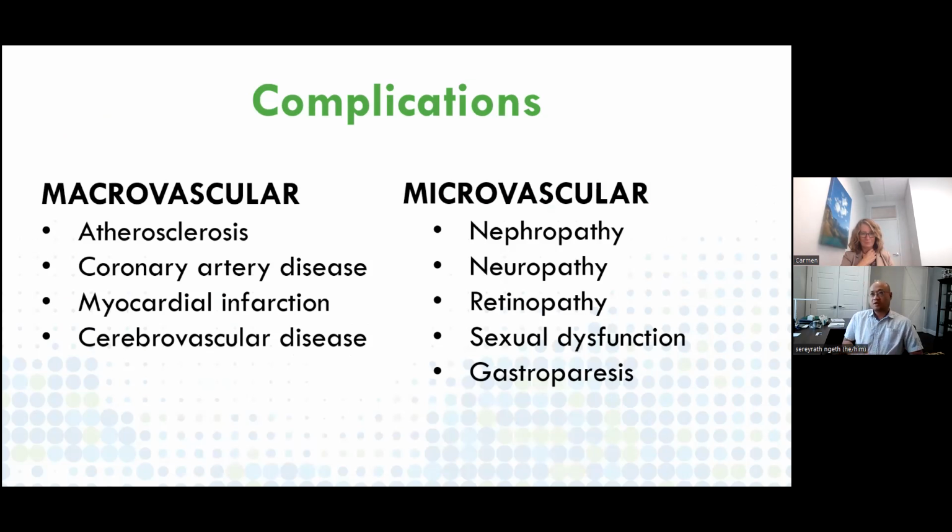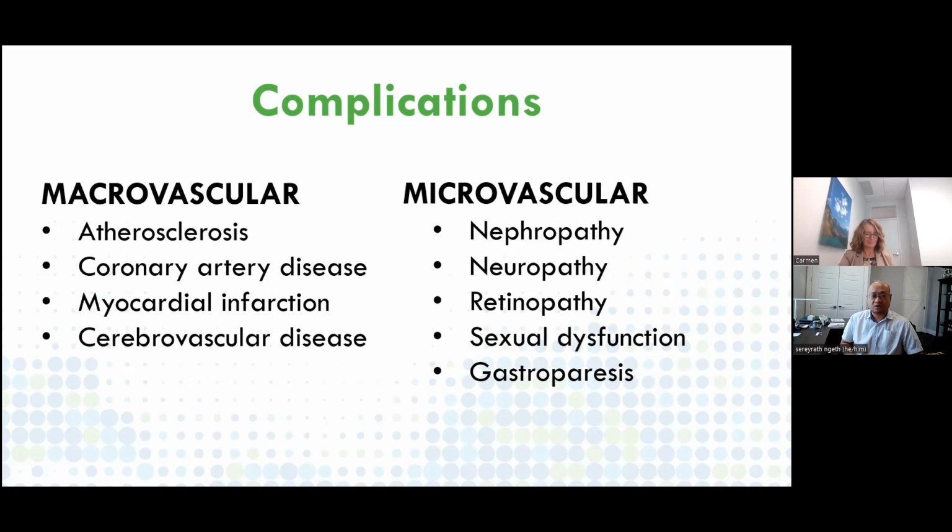Okay, so why are we worried about diabetes? We're worried because of complications from diabetes. So diabetes can cause macrovascular or microvascular complications. So what do these mean? Macrovascular complications are complications that involve the big blood vessels in the body.